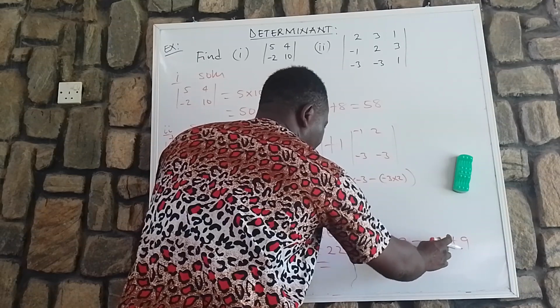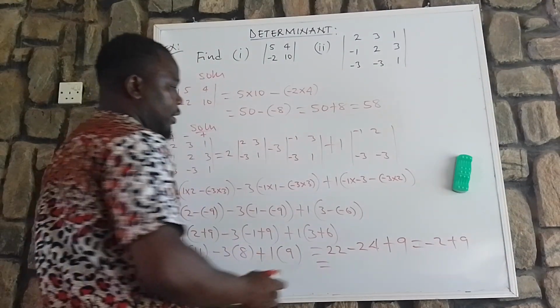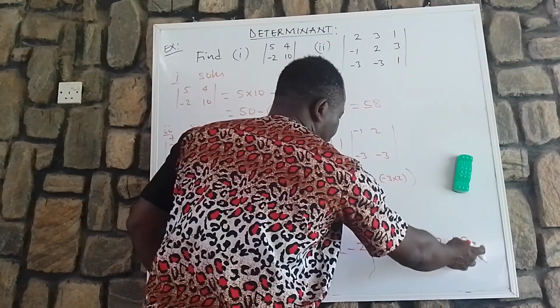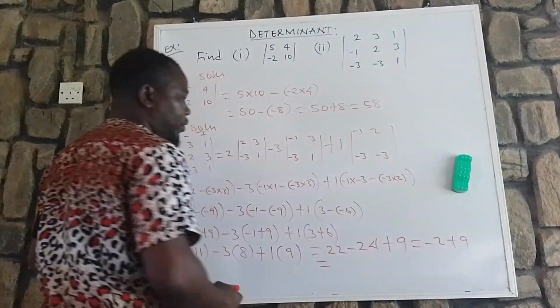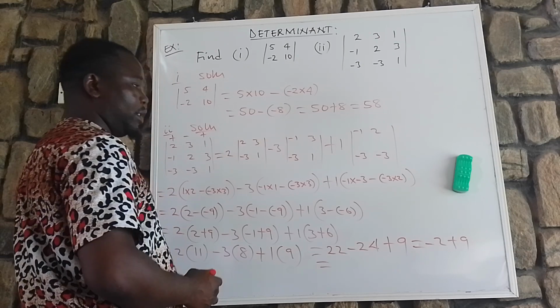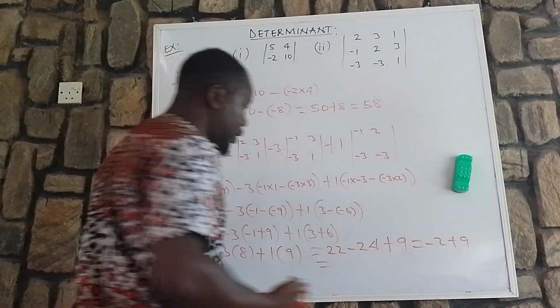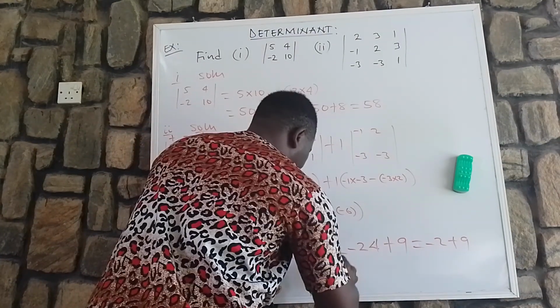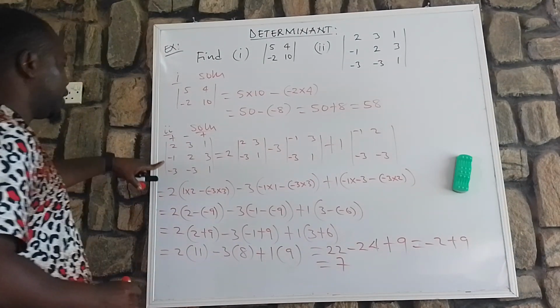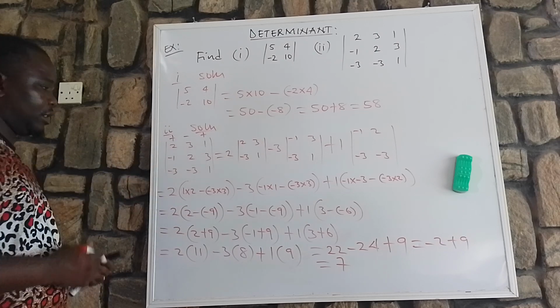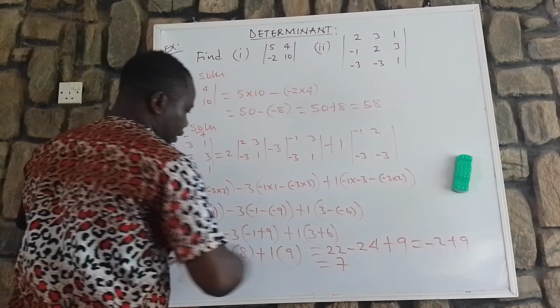Minus 2 means you are paying 2 naira. Then you later got 9 naira. You use 9 naira to go and pay your 2 naira debt. How much will be left? Is it not 7? Are you still owing? You are not owing. So it will be plus 7. So the determinant of this 3 by 3 matrix is going to give us 7.